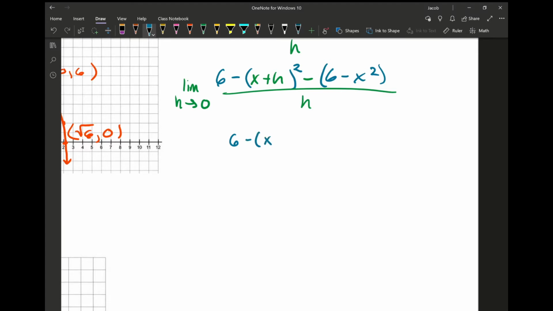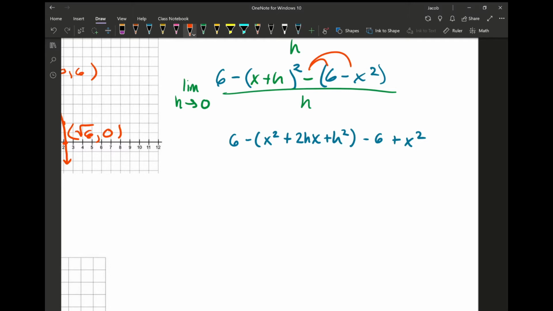So we've got x squared plus 2hx plus h squared minus 6 plus x squared, because I've distributed my negative. This is some pretty solid algebra right here.